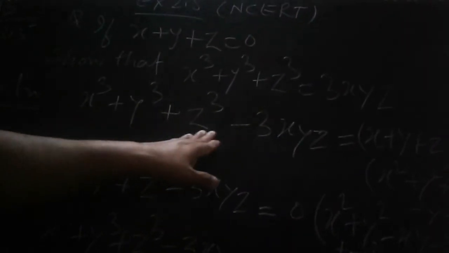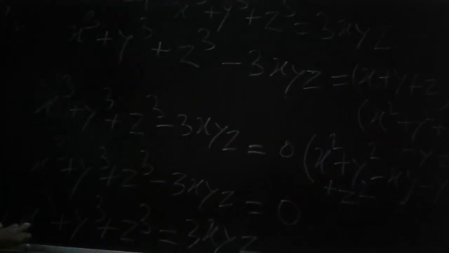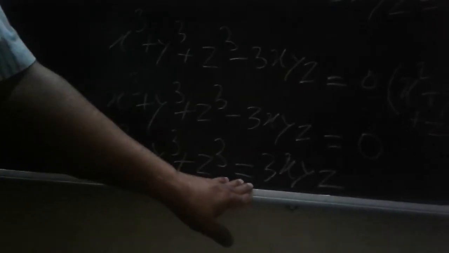It is only when we are given x plus y plus z equals 0. In the factors of x cube plus y cube plus z cube minus 3xyz we have put x plus y plus z equal to 0, and so this has been proved and you must know it. If x plus y plus z is equal to 0, then x cube plus y cube plus z cube is equal to 3xyz. This identity we will use in question number 14.